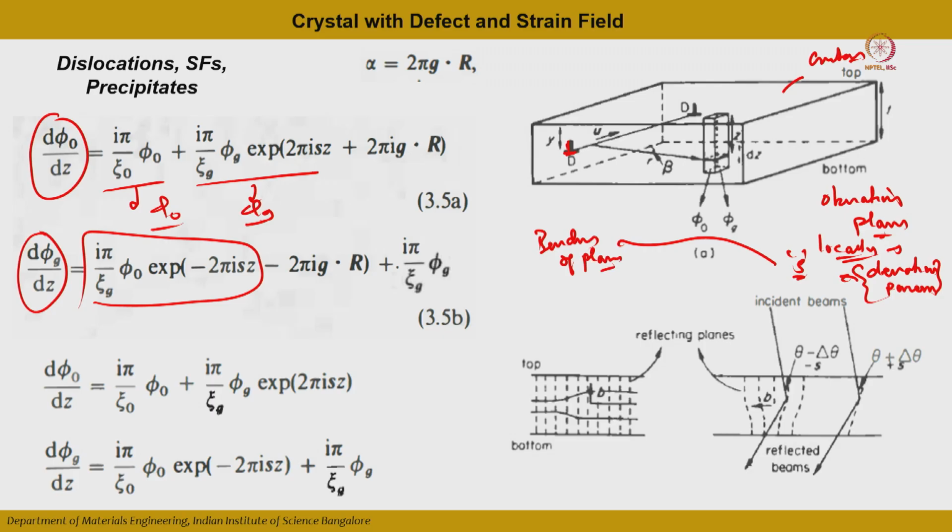And if there is a defect in the crystal, then you will have an additional term in the forward intensity, which is related to 2π g·r. And in this g·r, g corresponds to your operating diffraction vector, or we can call it a reciprocal lattice vector.